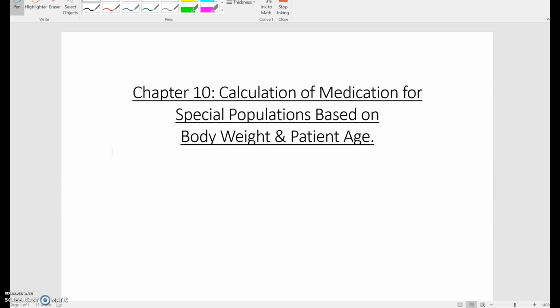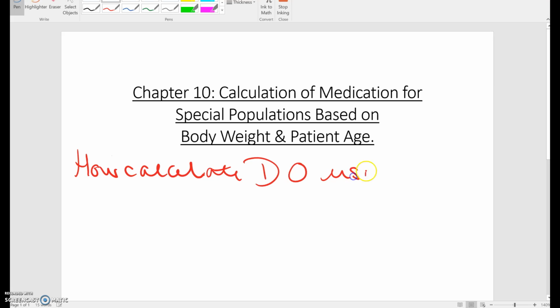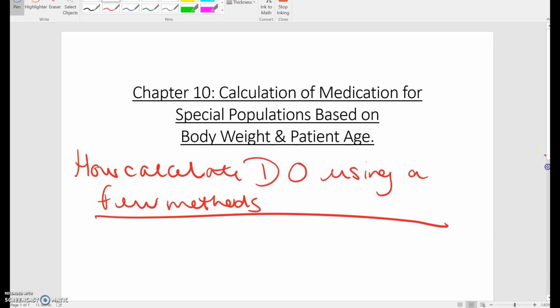Now, so far, what you have learned in the first 4 lectures is how to calculate the dose ordered using a few methods for special populations.